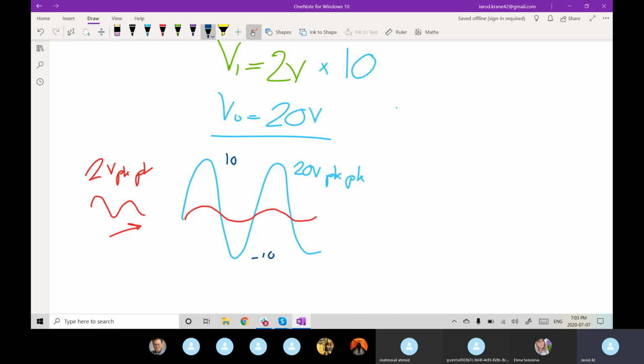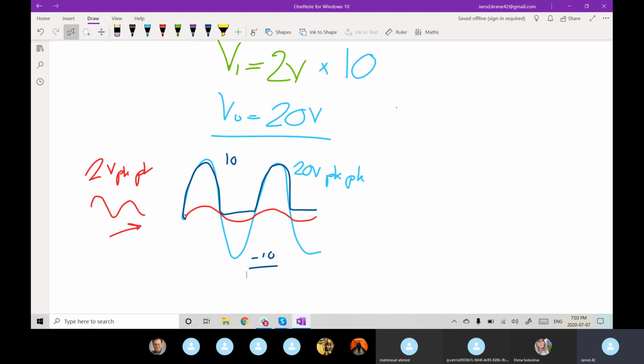Well, if we tied our supply voltage down to 0 volts, tied it to ground, what we would actually see is input, and then it gets chopped at 0. We're no longer able to supply this required -10 volts to properly see our sine wave.